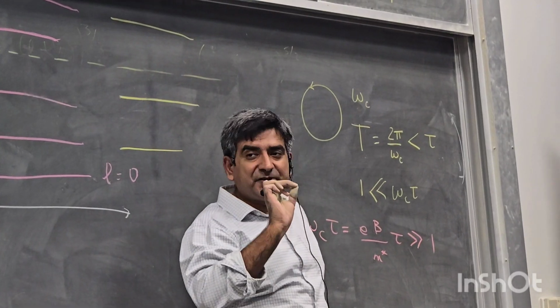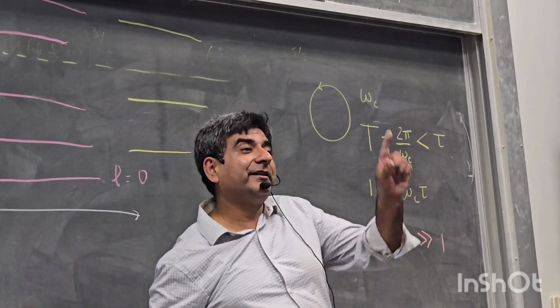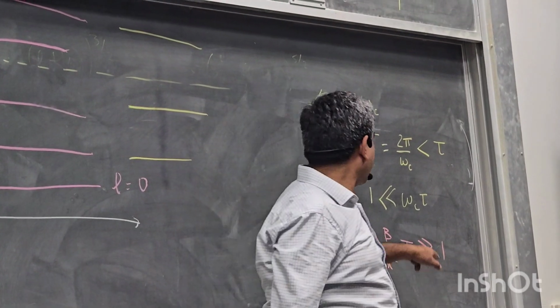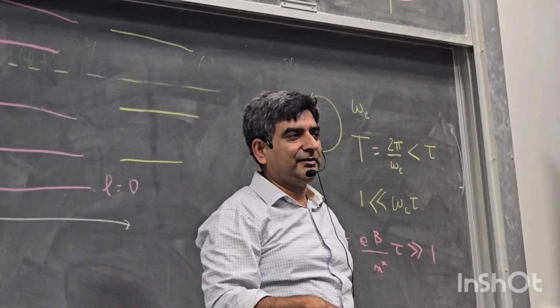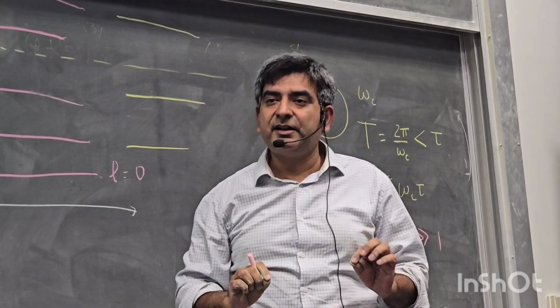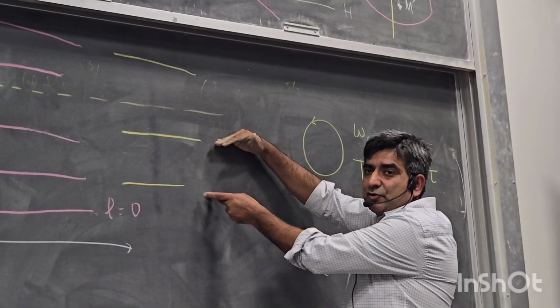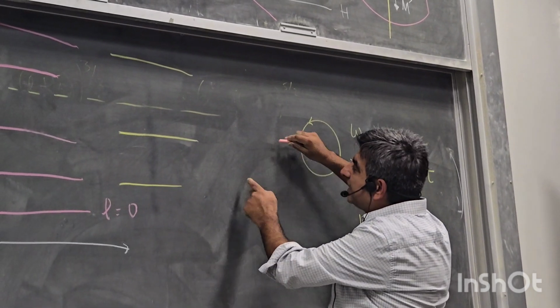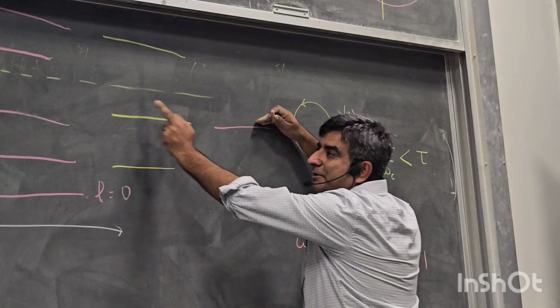M star needs to be really small and the temperature needs to be small because if you increase the temperature, tau decreases, the scattering time decreases. So these experiments have to be conducted at very low temperatures. So in this scenario, only 2 levels are occupied. It's possible that the magnetic field is so large that there is only one level below EF.